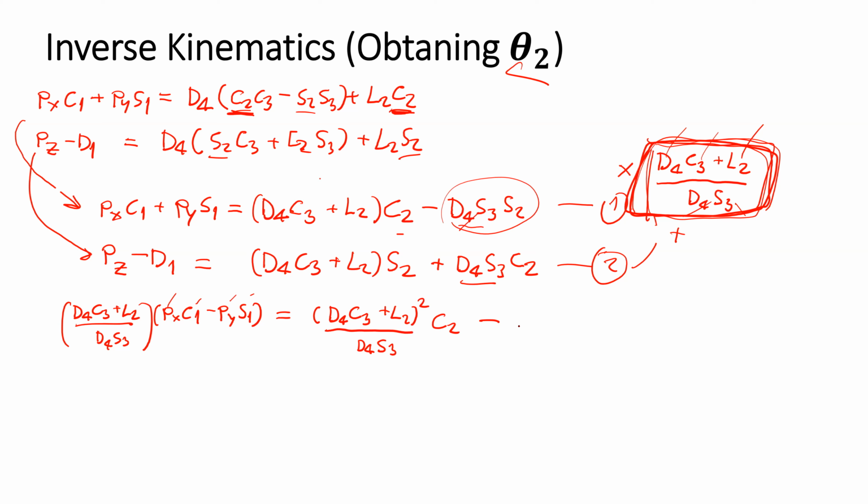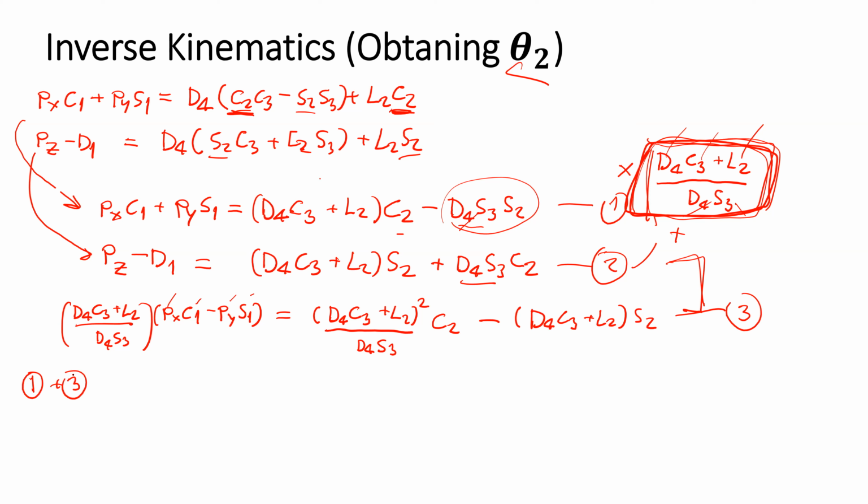And we will have D4C3 plus L2 and multiply by S2. So now what's gonna happen if we combine? Okay, let's say this is the equation 3. Sorry. What happens if we combine equation 1 and equation 3?